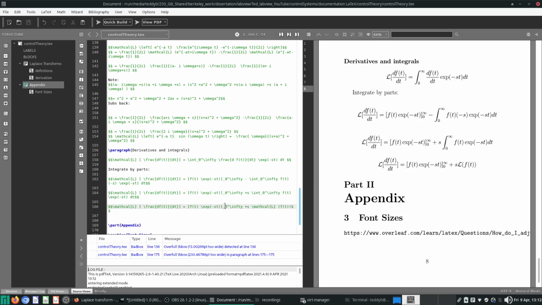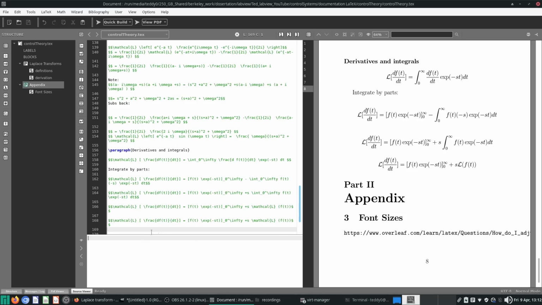How do we deal then with the second term? We try to evaluate f(t) e to the minus st as t goes to infinity, under some conditions.